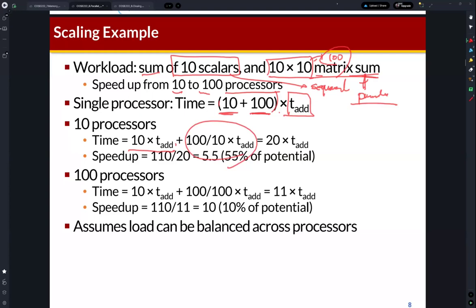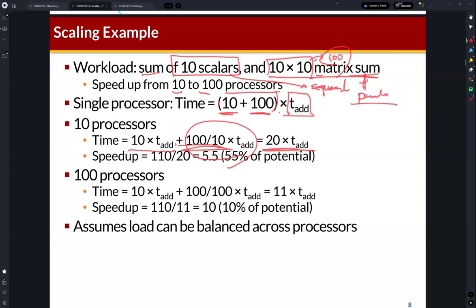So if we just use the 10 processors, then this part is just divided by 10, right? So the total execution time is 20 multiplied by execution time of add. What's the speed up compared to the single processor?